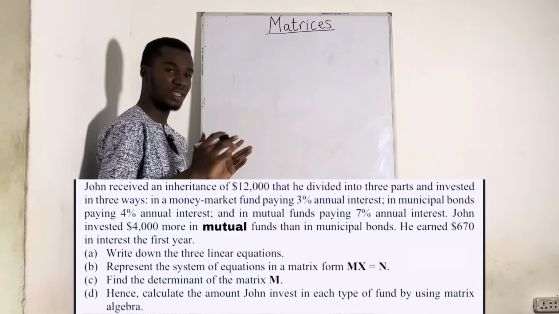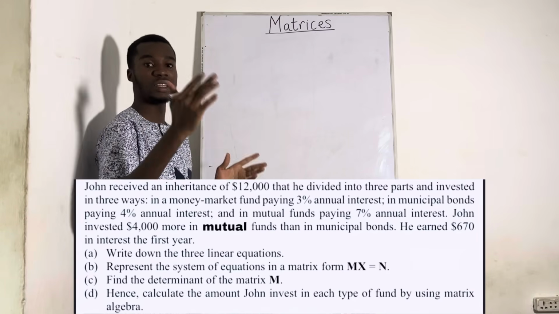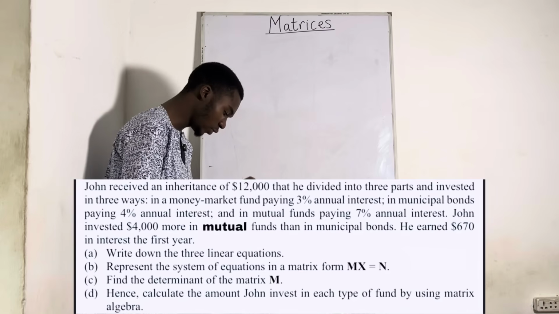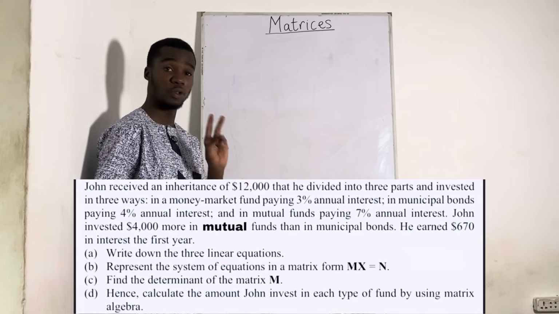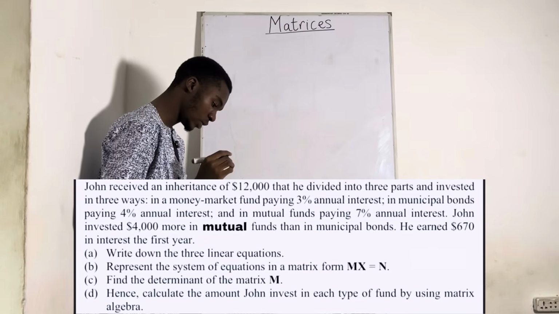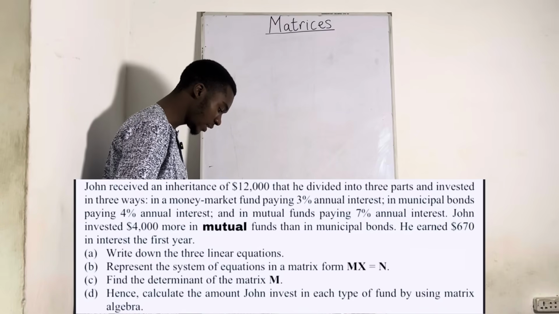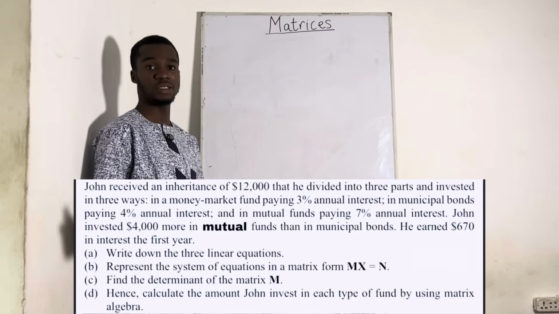But then it goes on to say that he didn't want to waste the money. You get it? He decided to invest it in different places. So it says John received an inheritance of $12,000 that he divided into 3 parts. So this $12,000 is what he divided into 3 parts. So he first invested it in a money market fund, paying 3% annual interest. You get it?